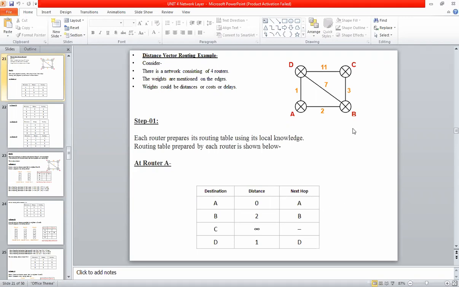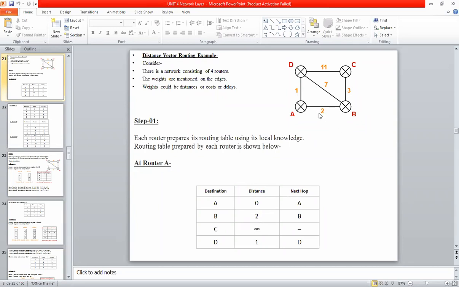Similarly, for the route going to destination B, connected from router A, the destination we are considering is B. From router A to router B, what is the distance? That is 2. You have to update that weight, that cost, or you can call it a delay, in the distance.